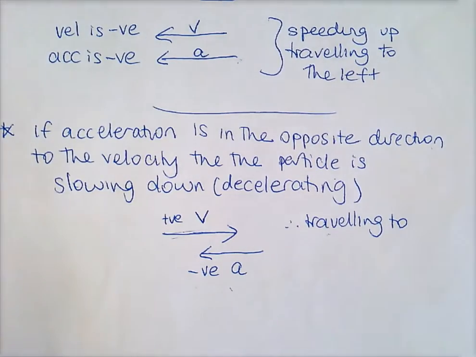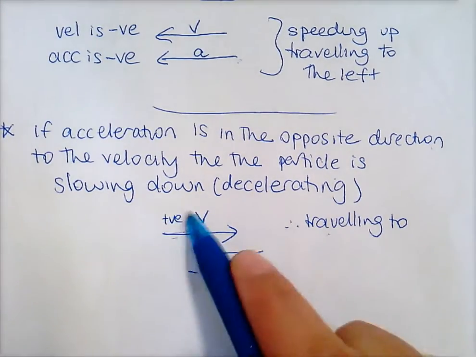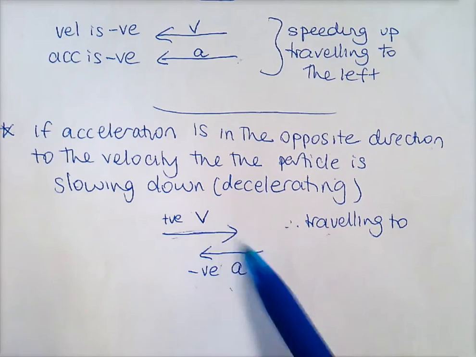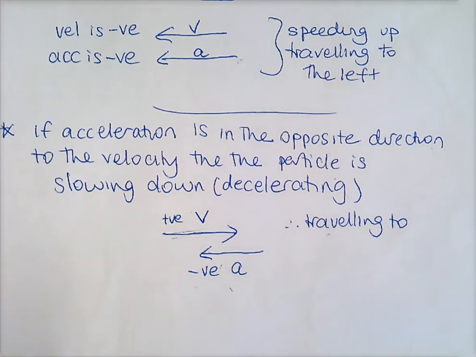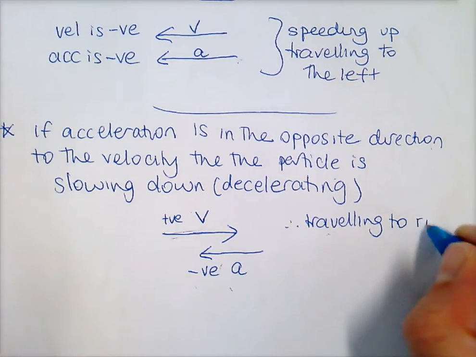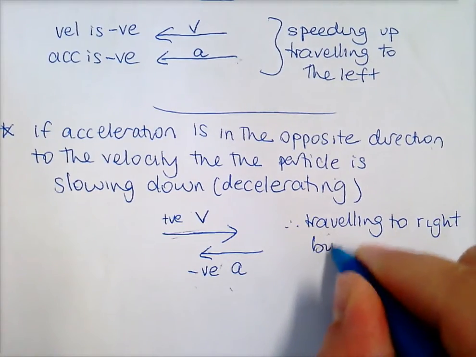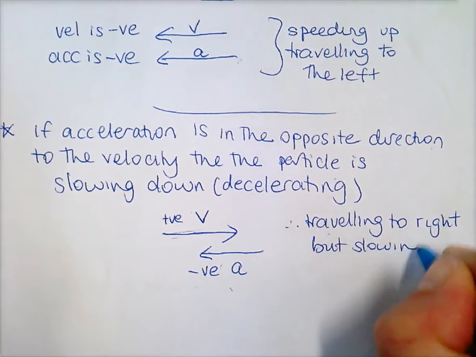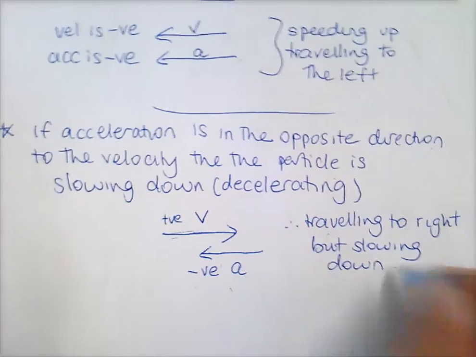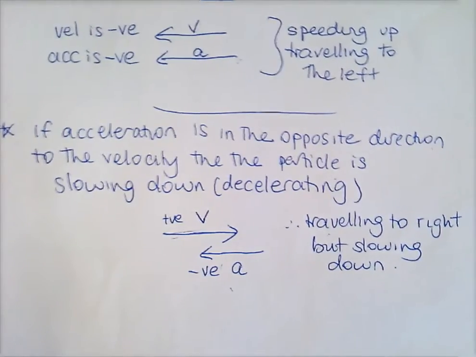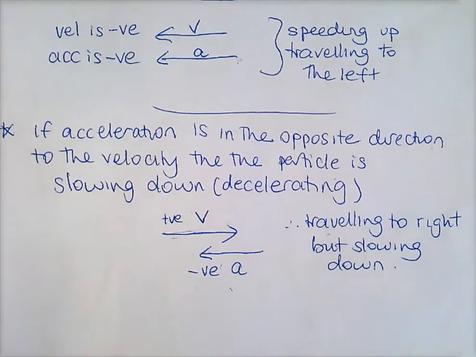I'm not saying that we're going to stop it and then keep pushing it. If we stop it and keep pushing, then the velocity will change direction. But if we've just got this scenario where the velocity is that way and the acceleration's that way, that particle will be travelling to the right but slowing down.